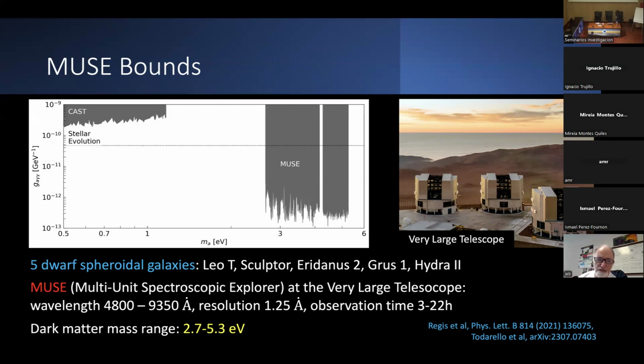They didn't ask for time on the telescope; they just looked at archival data. Sometimes there were only 3.5 hours available, sometimes 22 hours, so the observation time really depends. And they constrain dark matter masses between 2.7 and 5.3 eV.